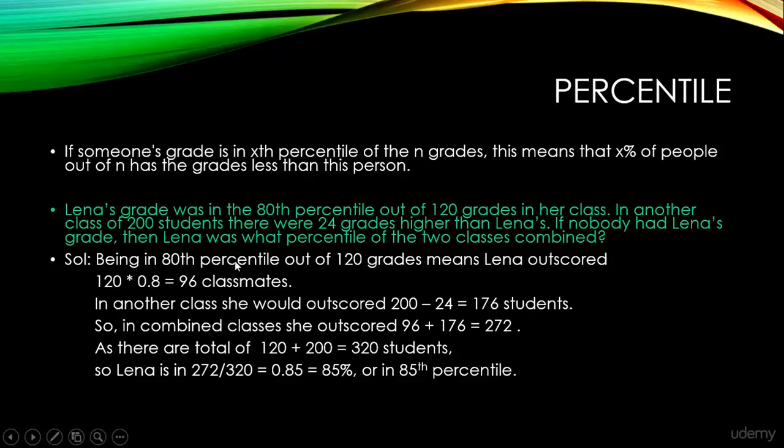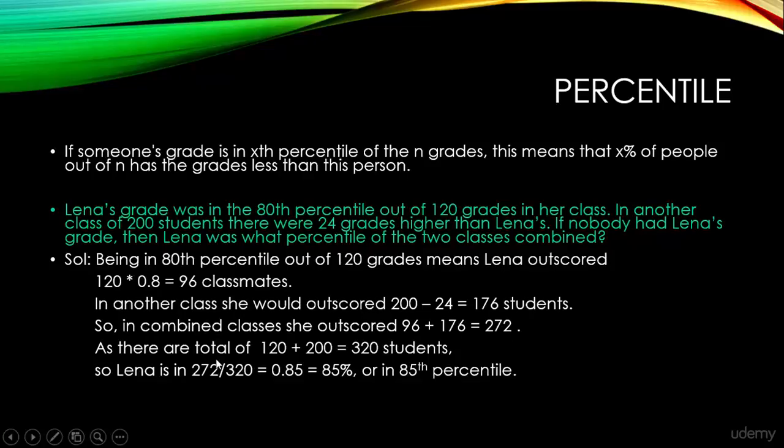If nobody had Lina's grade, what percentile was Lina in for the two classes combined? Being in the 80th percentile out of 120 grades means Lina outscored 120 times 0.8, which is equal to 96 classmates. In the other class, she would have outscored 200 minus 24, which is equal to 176 students. So, in the combined classes, she outscored 96 plus 176, which is equal to 272.